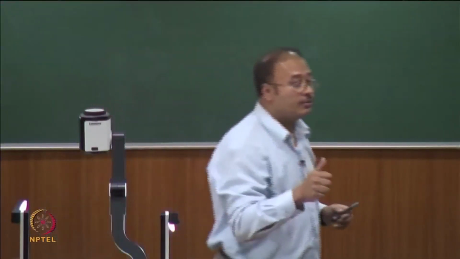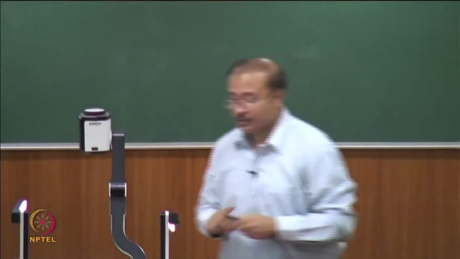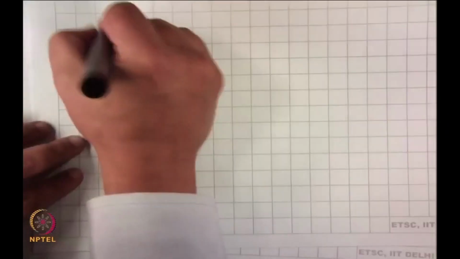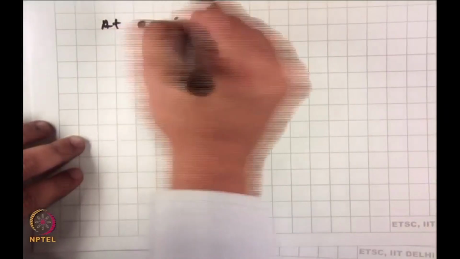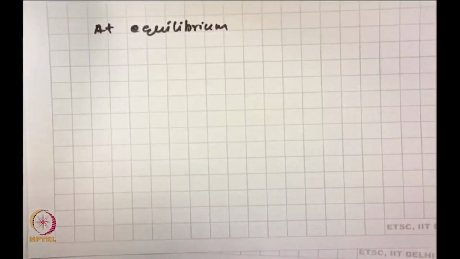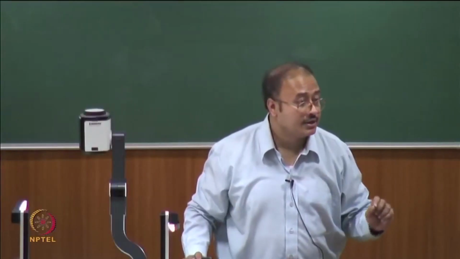Now, when you have equilibrium condition, again at equilibrium, anyway it does not have to be in equilibrium, but whether equilibrium or not, your electroneutrality is always maintained, right.